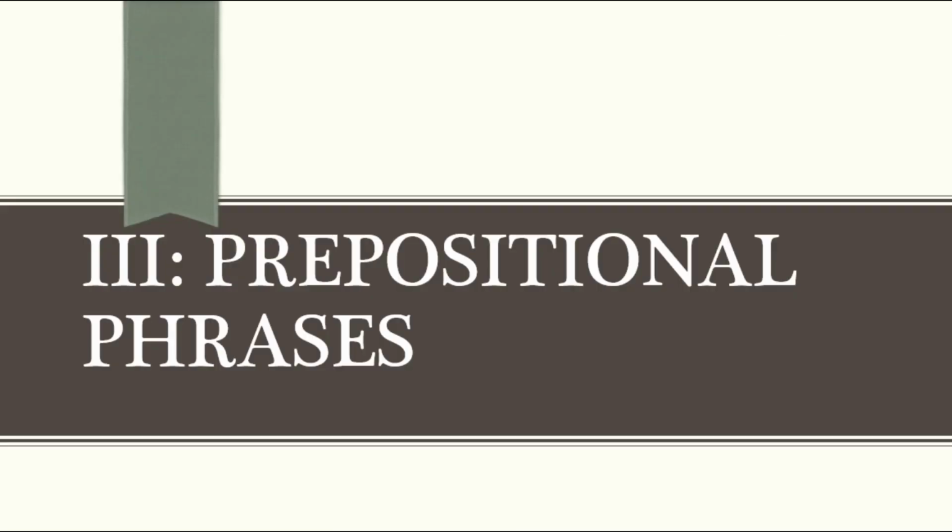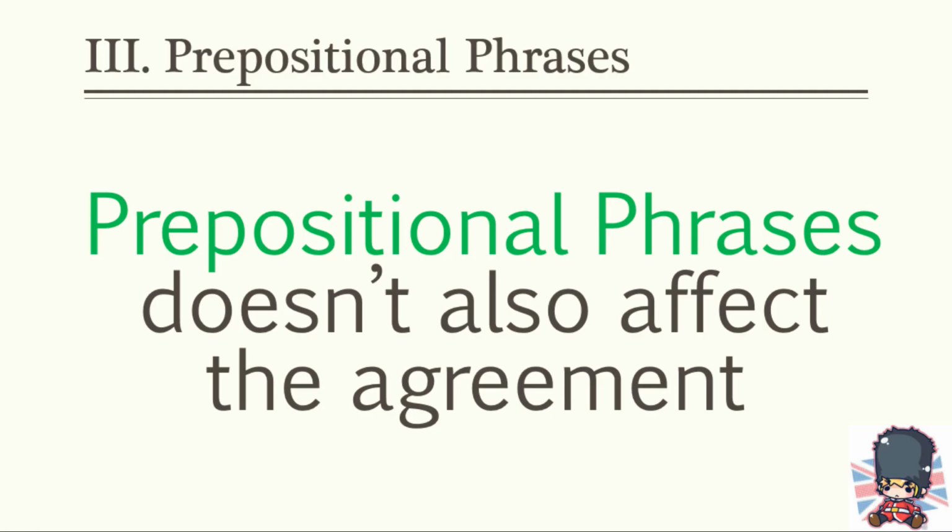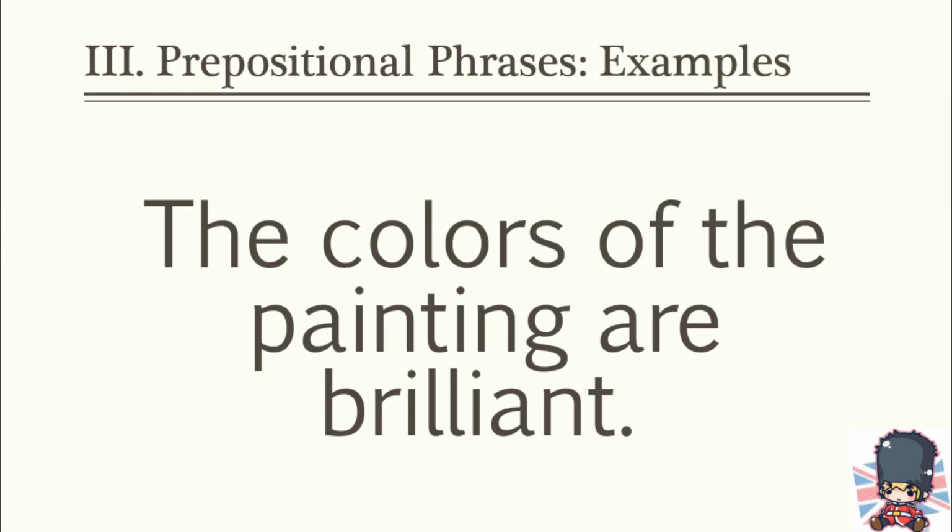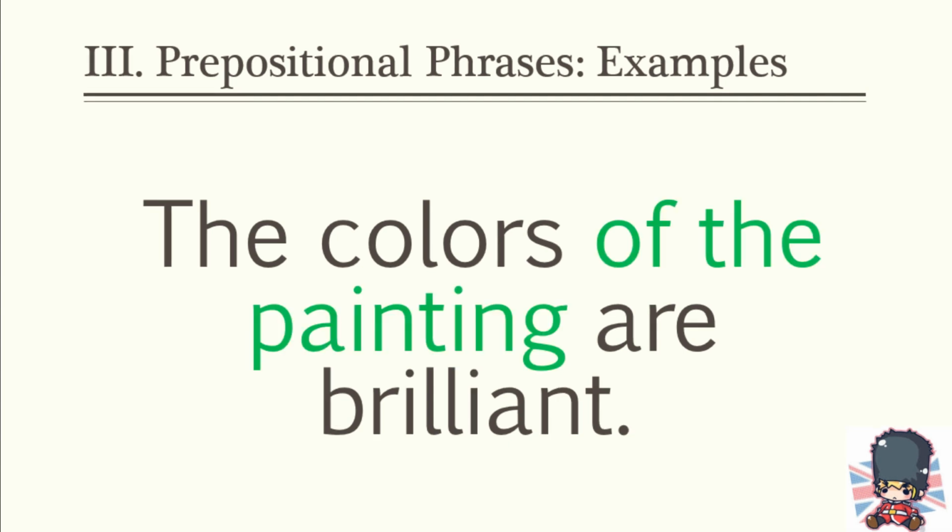Let's move to rule number 3, prepositional phrases. Prepositional phrases doesn't also affect the agreement, katulad ng subordinate clause. So, ito yung mga palamuti, tapos pampagulo din to. So, let's have some example. The colors of the painting are brilliant. So, ang prepositional phrase mo dito ay of the painting.